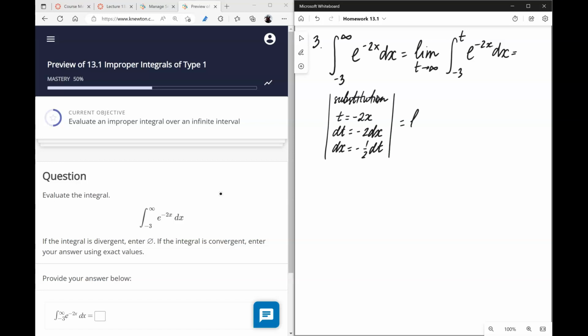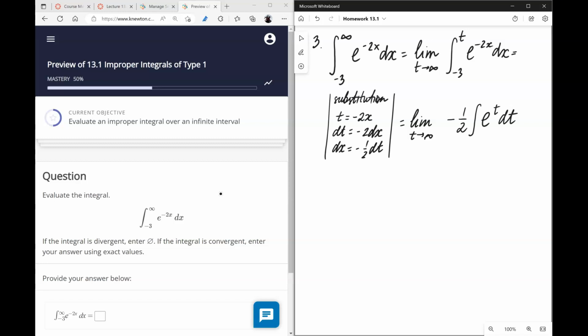So the integral that we have is going to be -1/2 integral e to the power t dt.